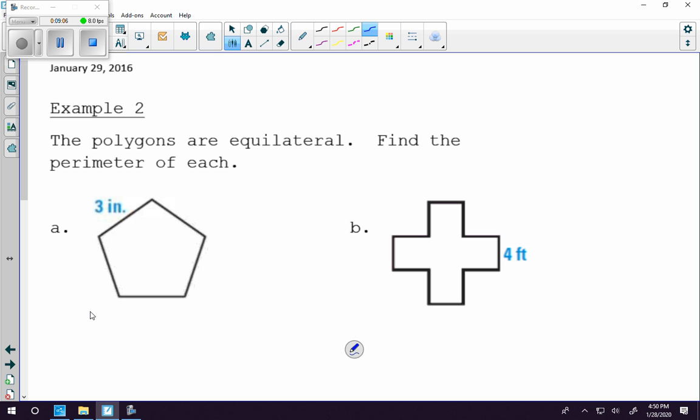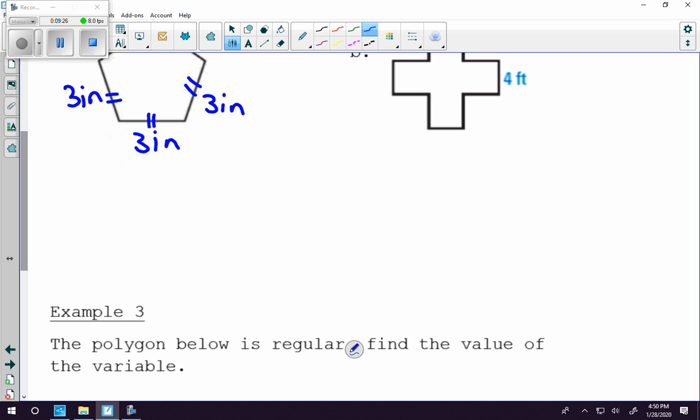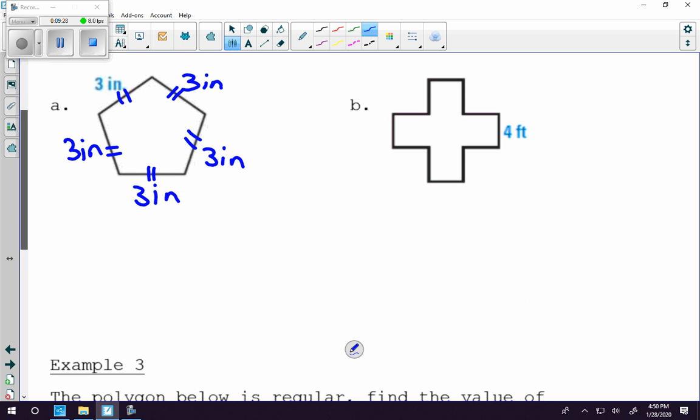So in example 2, it says that the polygons are equilateral, so you have to remember what equilateral means. It means that all the sides are congruent to each other. Therefore, all of these segments have to be 3 inches in length. Once again, perimeter means find the sum or the distance around.